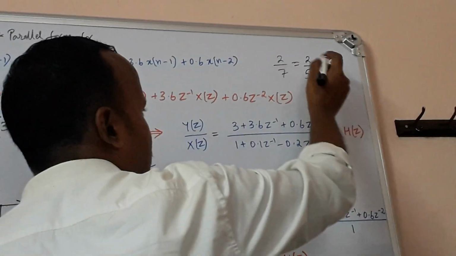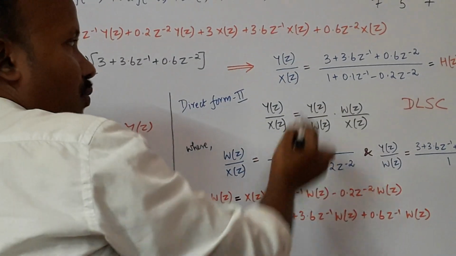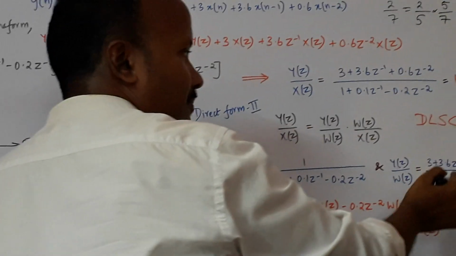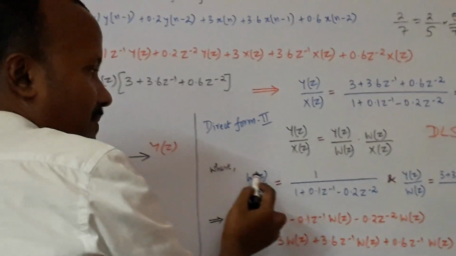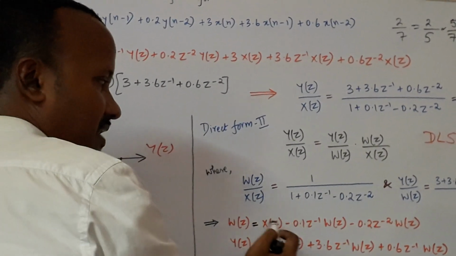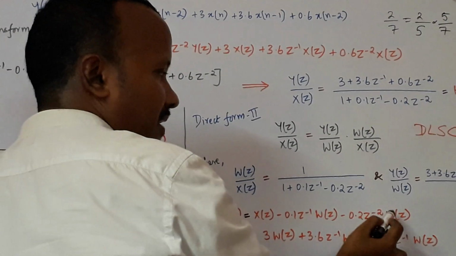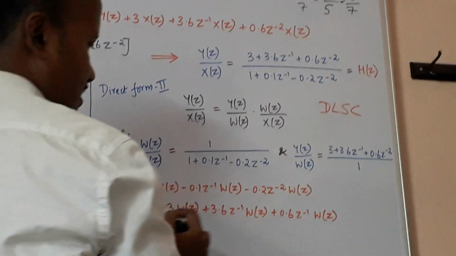Where 5 is the new number here, here w of z is a new number. Where w by x is 1 by denominator and y by w will be numerator by 1. So after simplification, cross multiply. W of z will be x of z minus 0.1 z inverse w of z and 0.2 z power minus 2 y of z. Similarly, this one y of z will be this into this.